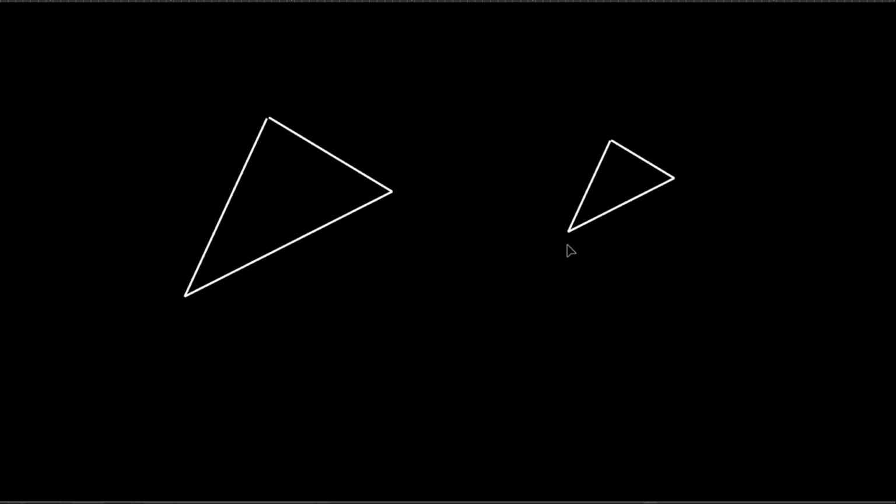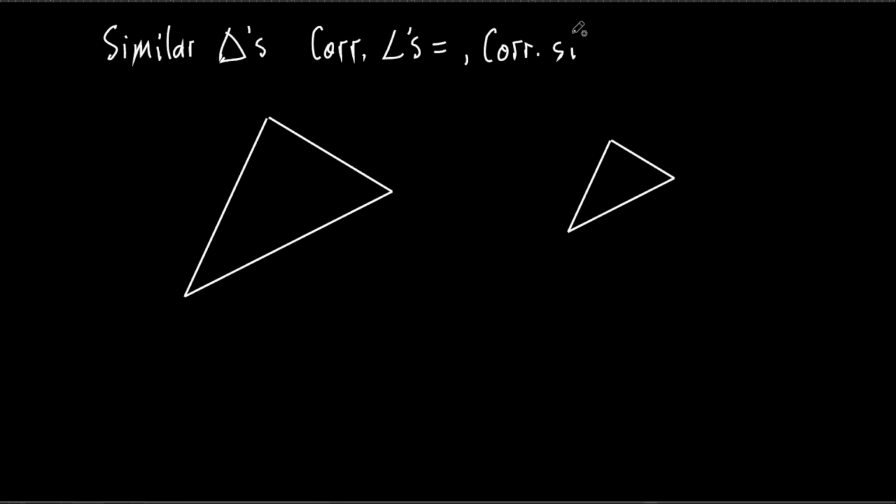So that's very important. So now, with that said, let's write the definition for similar triangles. Okay, so similar, I'll just put the symbol. Similar triangles, two things are true. The corresponding, I'll just put CORR for corresponding, shorthand, so the corresponding angles are equal to each other, but the corresponding sides are not necessarily equal.